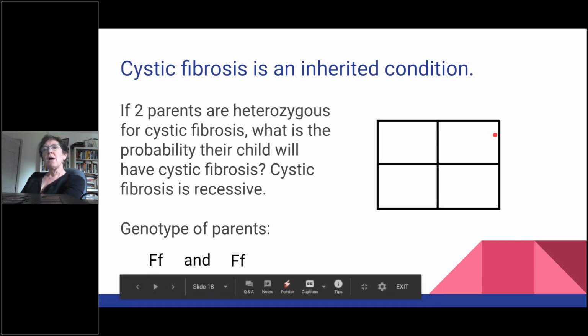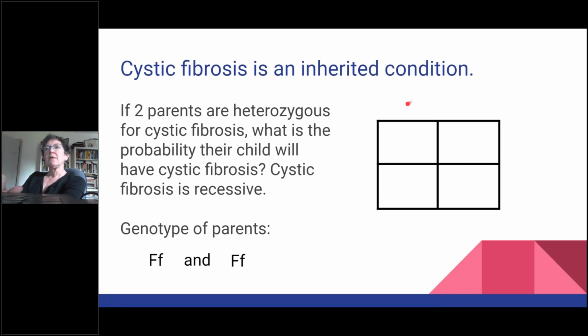So what would our Punnett square look like? We would put our parents on the sides of our Punnett square, and then we would start doing the crossing of the genes. So one possibility is that they would have a child that was homozygous and does not have the condition and cannot pass the condition on to their children.